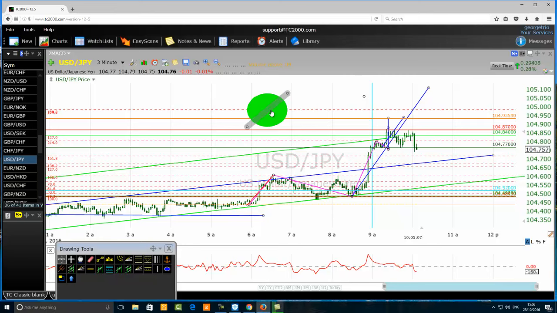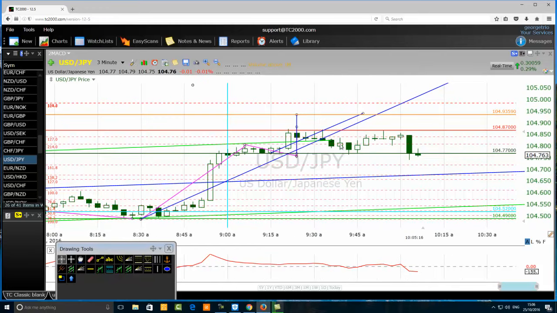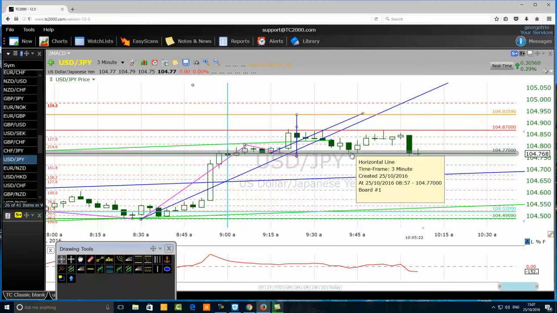Some people were selling fast right below that trend line. You see, I'm talking about this candle here. You break below, try to retest it, and now they sell it down, okay?